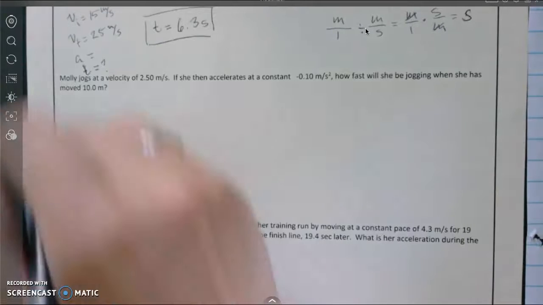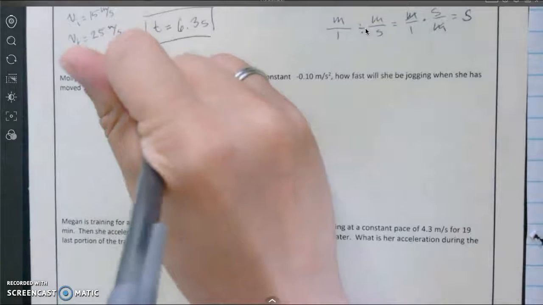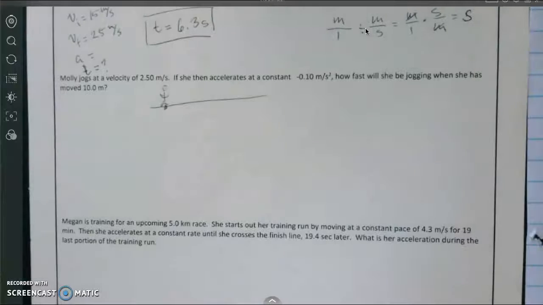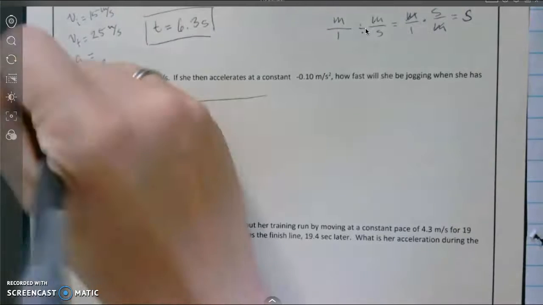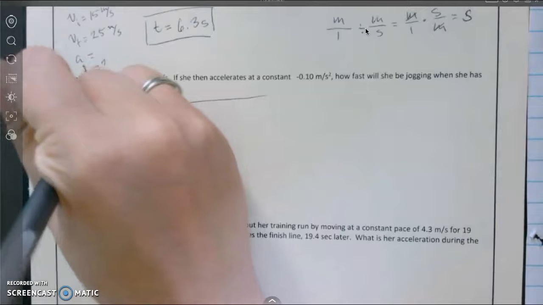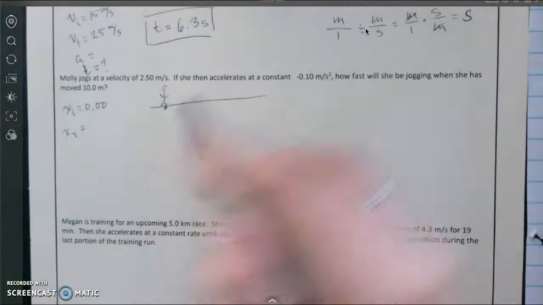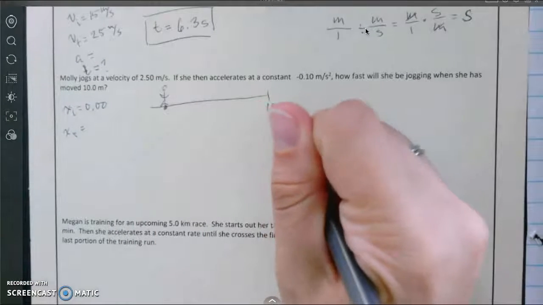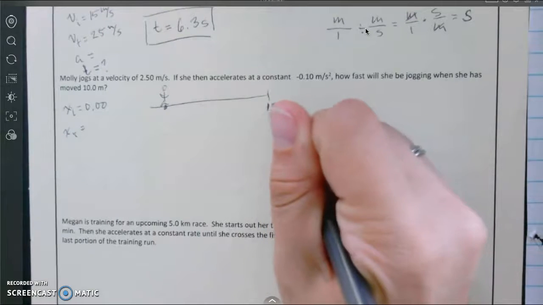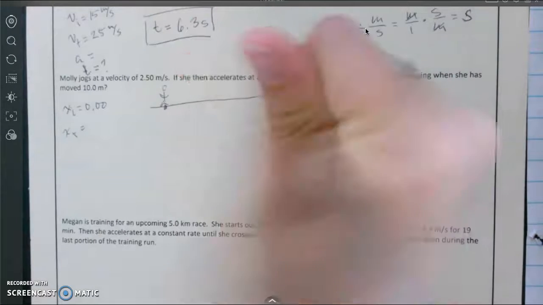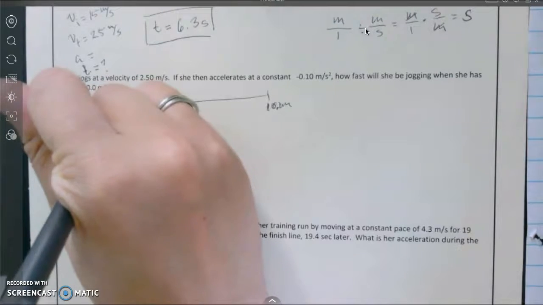Okay, so Molly, and she's jogging, and I'm going to say that is her initial position there. So x initial is going to be 0. X final, well, she's running to a 10 meter point, so 10 meters.